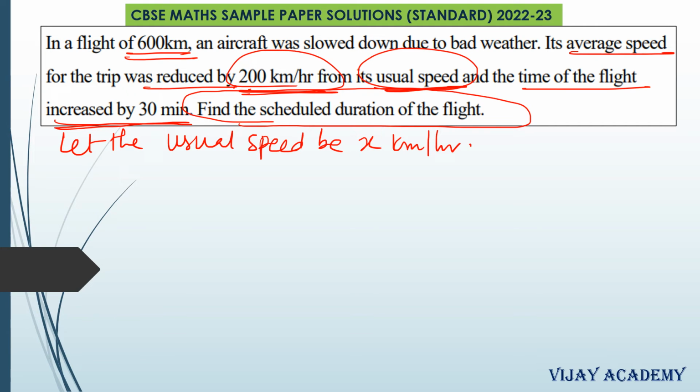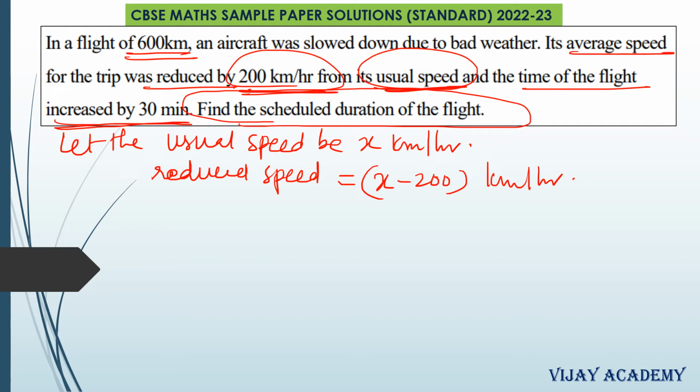Now in the second case, the reduced speed will be x minus 200 km per hour.